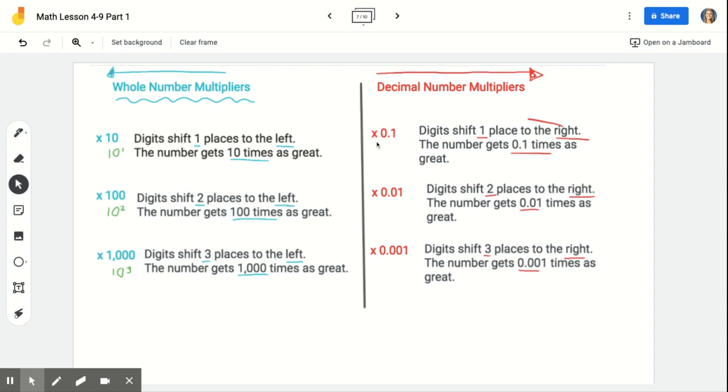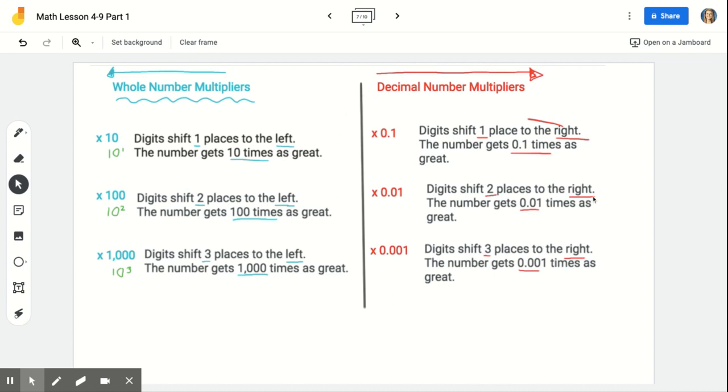So times 1/10 is the same as times 10, in which we shift our digits one place, but instead of to the left, we go to the right. And when we multiply something times 1/100, again, we shift our digits two places to the right. And then times 1/1000, our digits are shifting three places to the right.